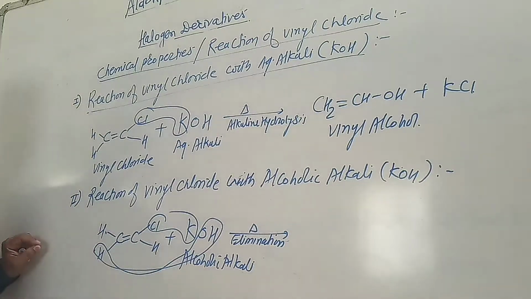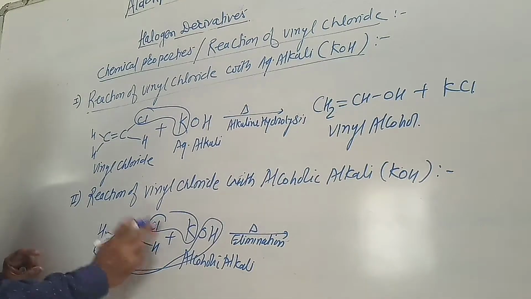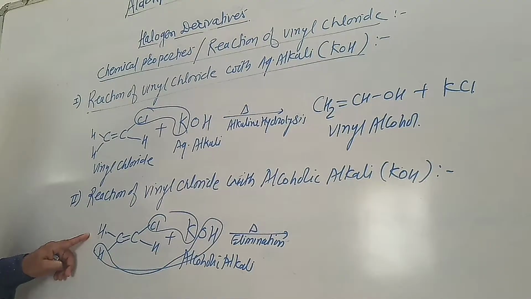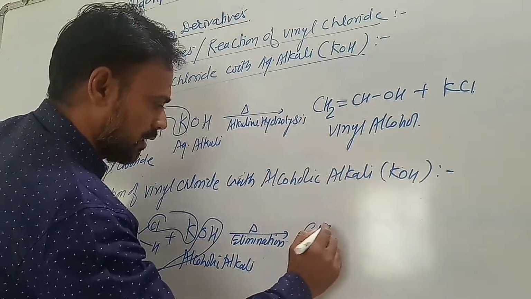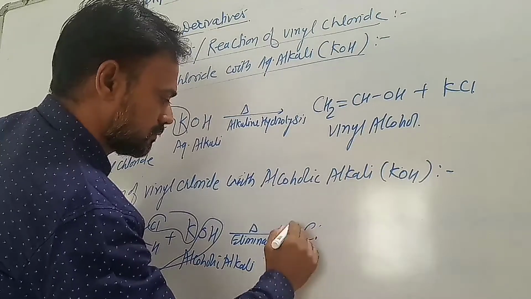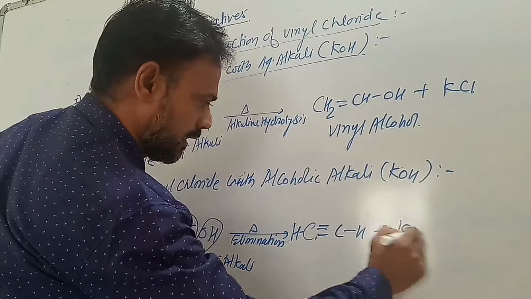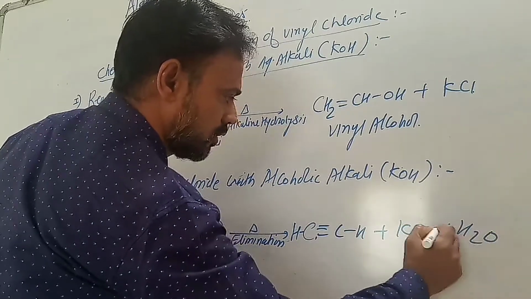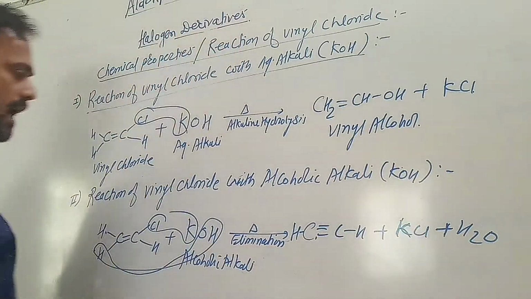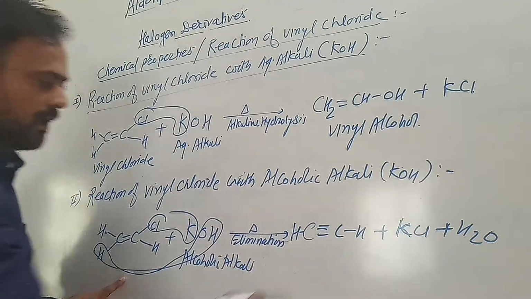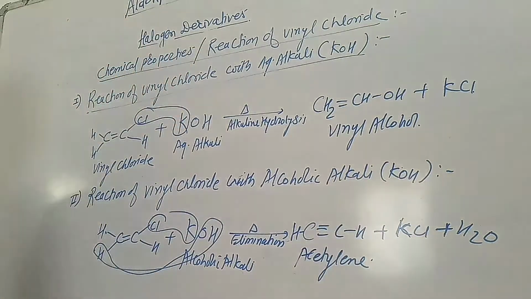So such a reaction is also called a dehydrohalogenation reaction. After losing KCl and water molecule, acetylene is obtained.